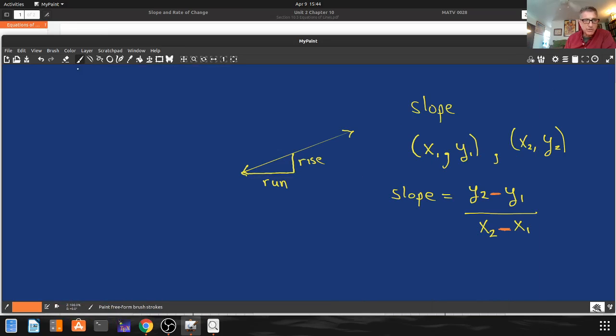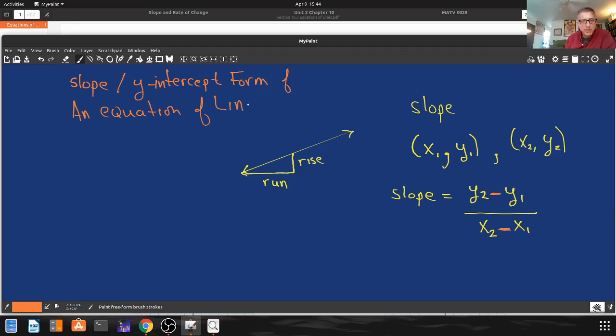So our goal is going to be twofold. We're going to look at something called the slope-intercept form of an equation of a line.